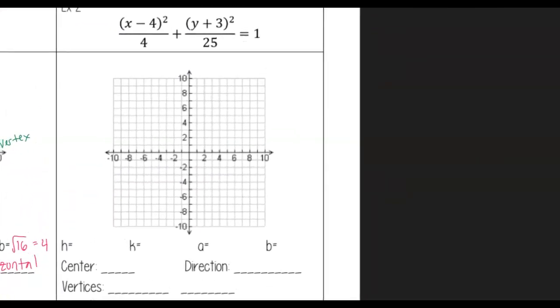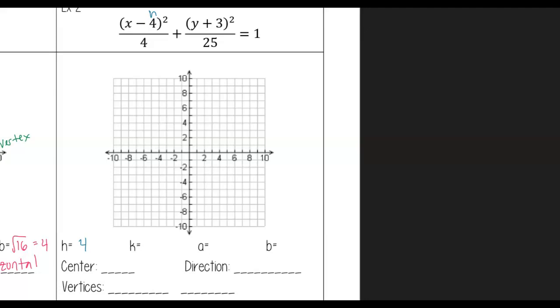So what is our h value here? Let's do Jalen. What is our h value? Our h value, remember, is always subtracted from our x value. So here h is just a positive 4.